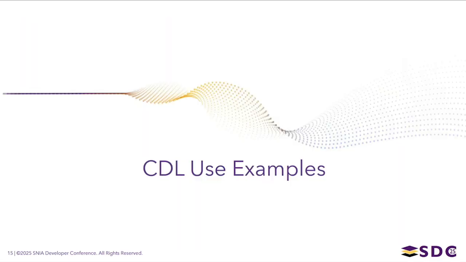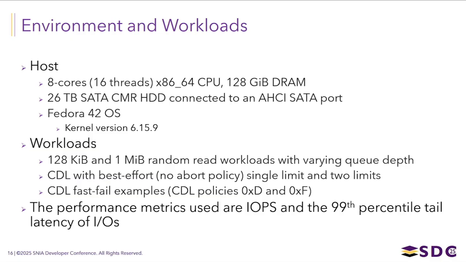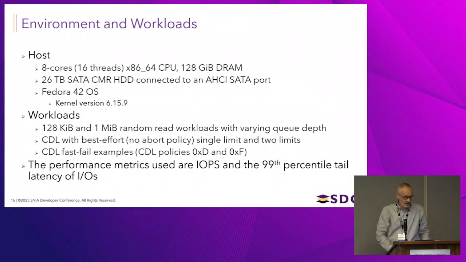And let's look at some examples. So what we did here with this set of results, you're going to see a totally normal PC. We used a recent 26 terabyte SATA CMR drive. It could be SMR, it works as well. It's just that the workloads on SMR are a bit trickier to generate. So just to make my life easier, I used a CMR drive.